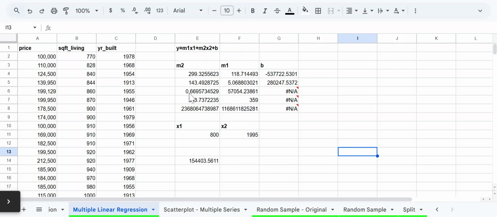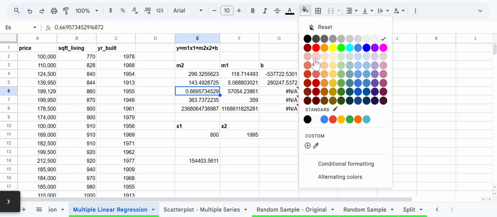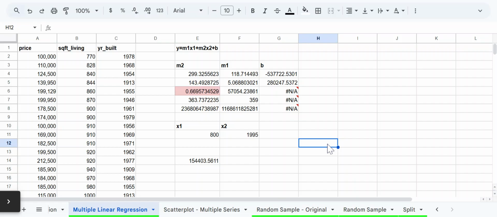Your r-squared value is going to be this number in the first column of the third row. So you can see there's not a particularly strong relationship here, but do with that what you want. So that's how you do multiple linear regression.